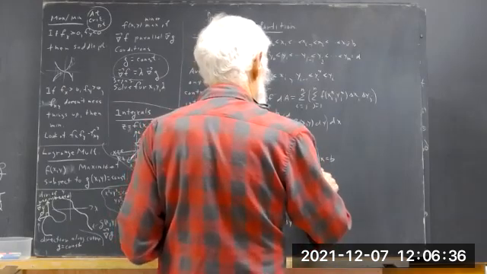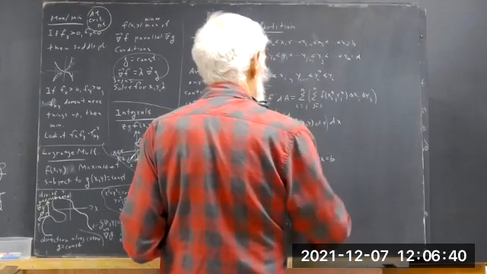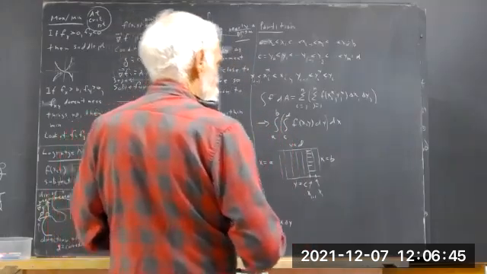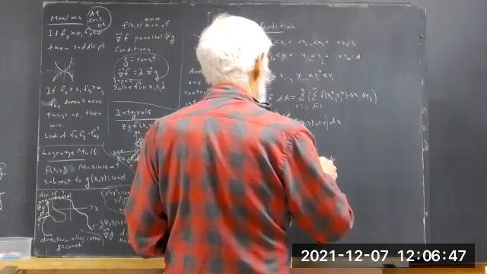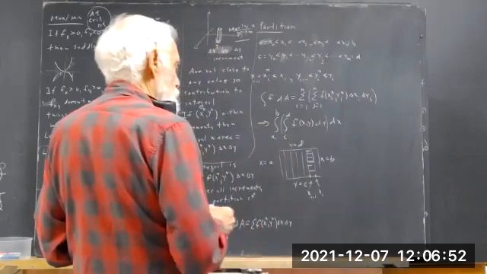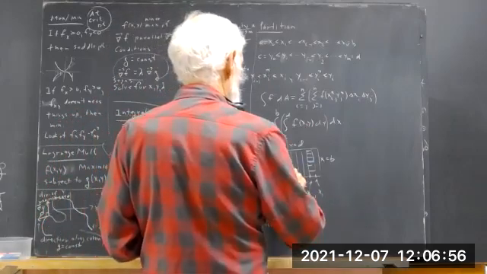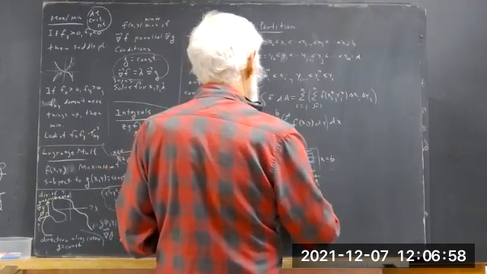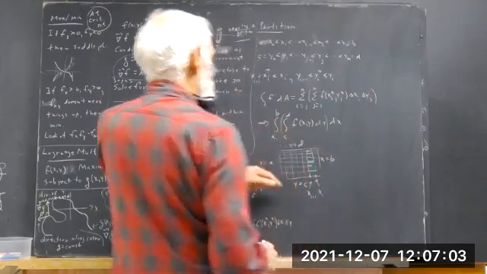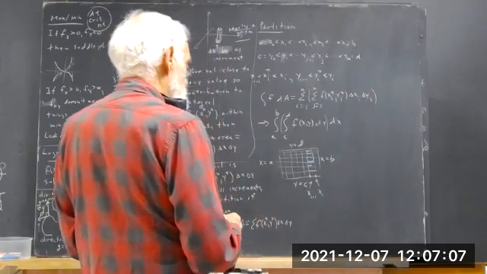Then you think of partitioning y. So you have a typical y over here. Now you've divided your region up into these little rectangles.